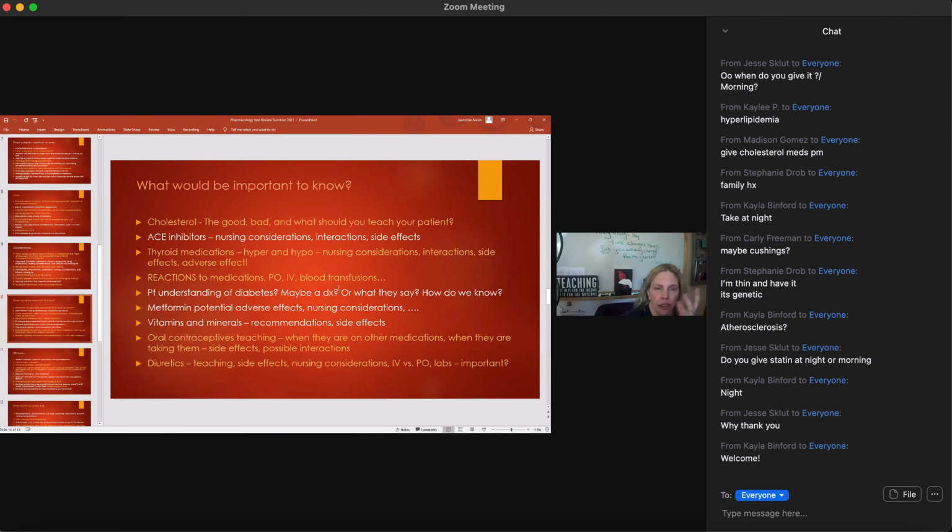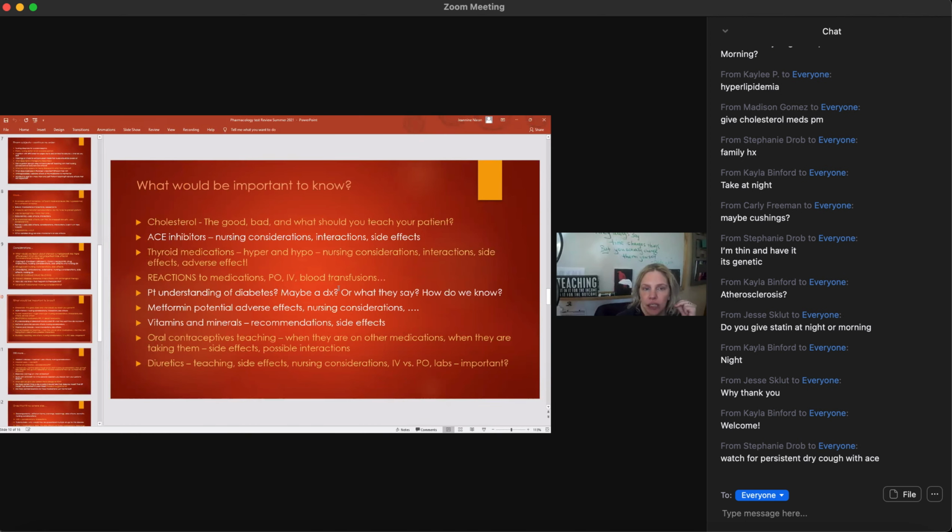Thyroid medications. No one's really good at this because you are not old enough to have thyroid issues yet. But hyper and hypo, you've seen them on all your tests. Nursing considerations when taking them, your interactions, your side effects, your adverse effects with thyroid medications, your thyroid storm.